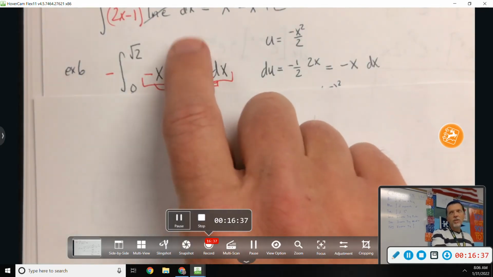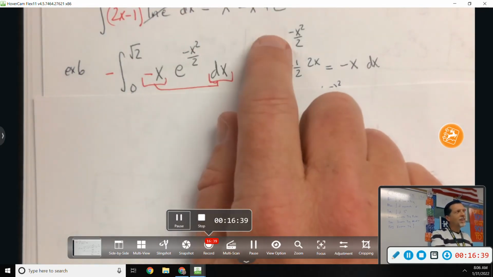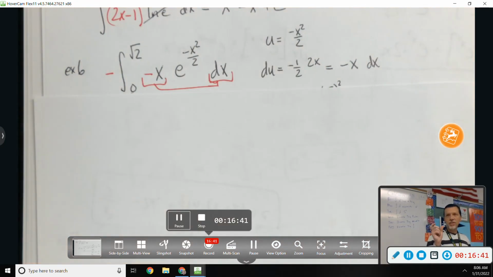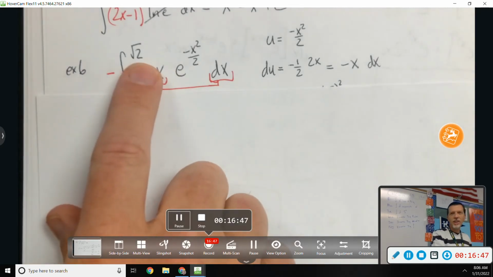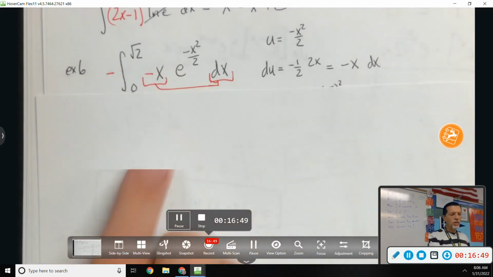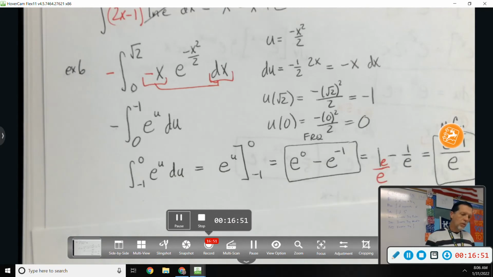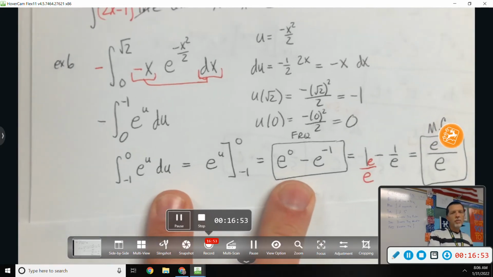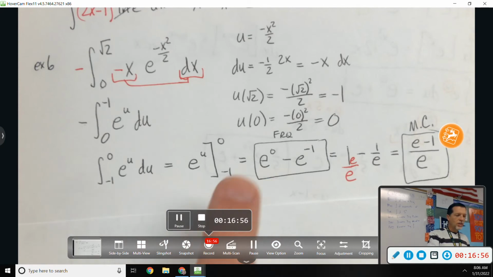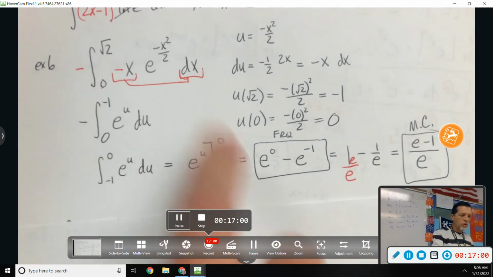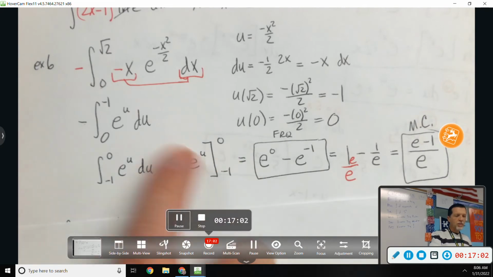You guys were okay on that test, problems 5 and 6 with the u substitution. Some of you switched it back to x stuff and used the original limits, which is fine. Some of you left it as u and used the u limits, which is what I did here. But a few of you did this, but then you put 0 and square root of 2 back, but those are x things rather than u things.